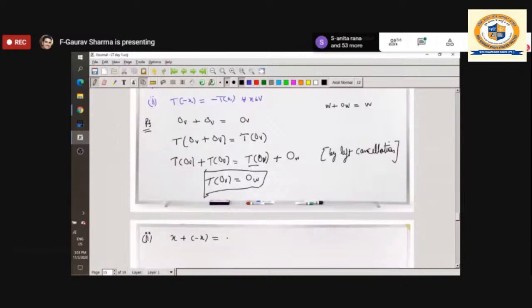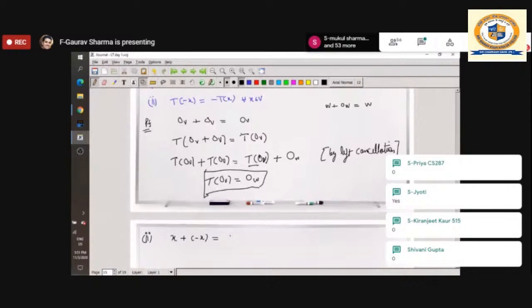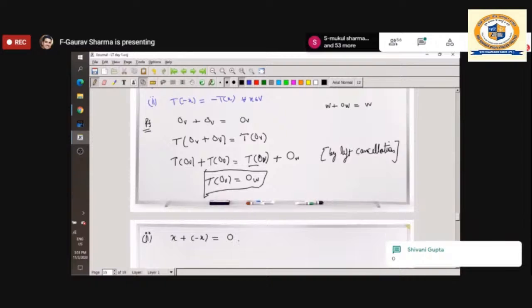We'll get the zero vector, and that zero vector will belong to V. This holds for all x belonging to the vector space V.